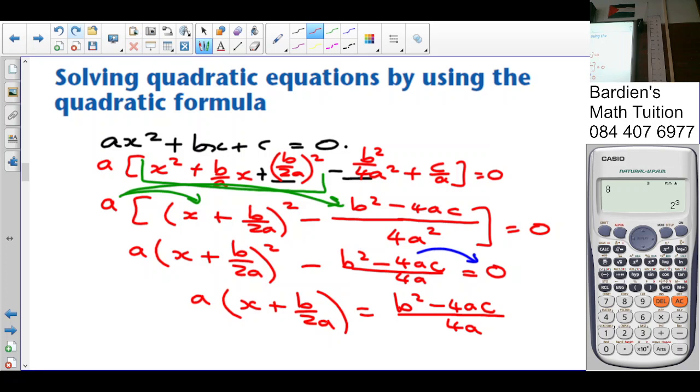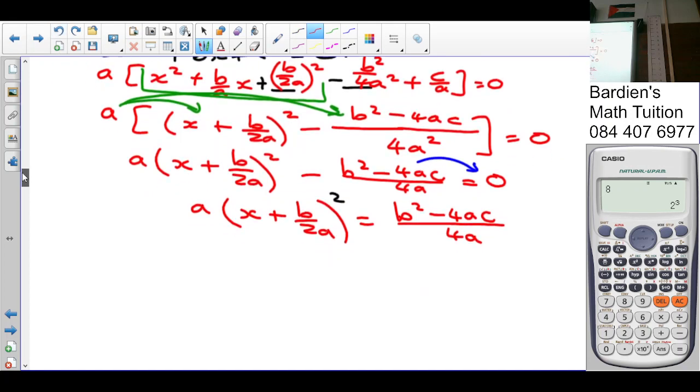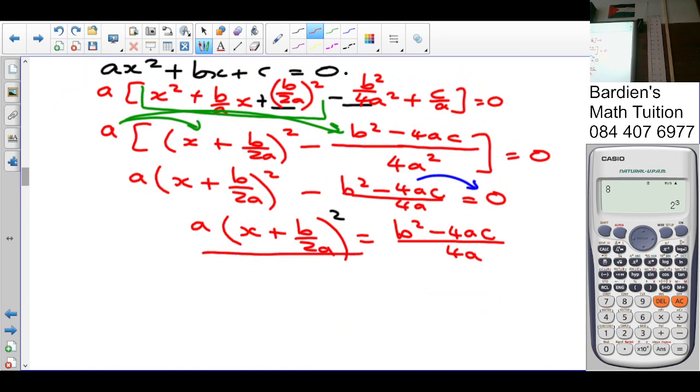Divided by a, yes? What's wrong? Yes, absolutely. No mistake, I didn't write the square there. So what are we going to do at this point? Divide by a both sides.